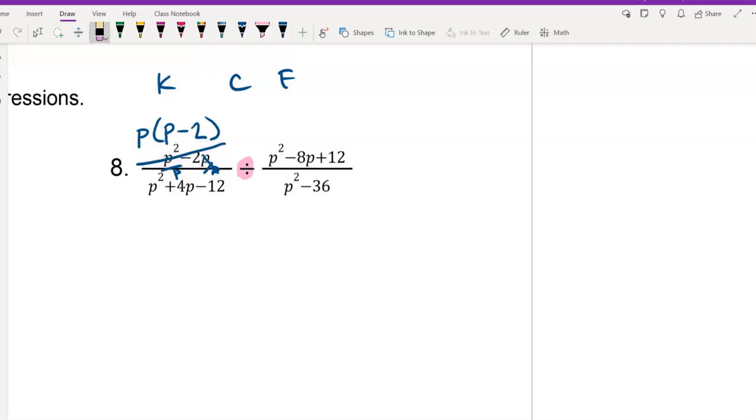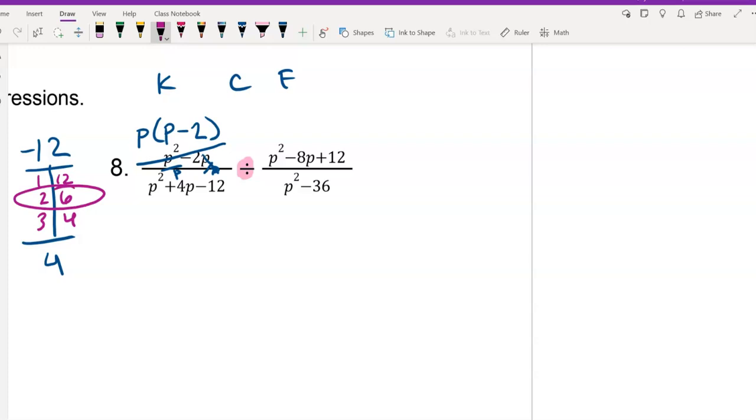Done with the numerator. Moving on to this denominator, I see p squared plus 4p minus 12. This is a quadratic. We are going to make another eye chart. At the top, negative 12. At the bottom, 4. Factors of 12, 1 and 12, 2 and 6, 3 and 4. Which of these could add up to 4? 2 and 6.